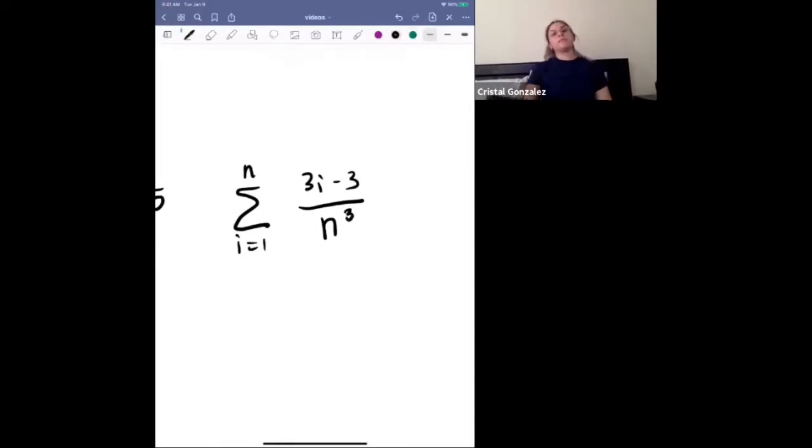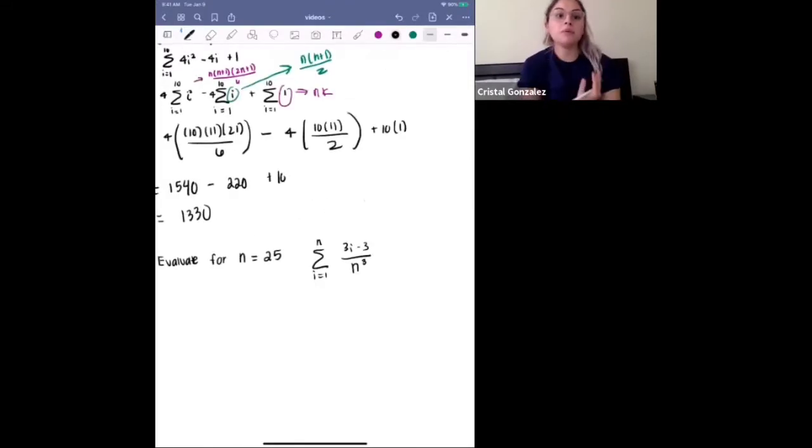Okay. So remember, it's a good idea to write your formulas out so you know what you can use and what you can't use. Before we get started, our index here, what we're iterating through, is i.